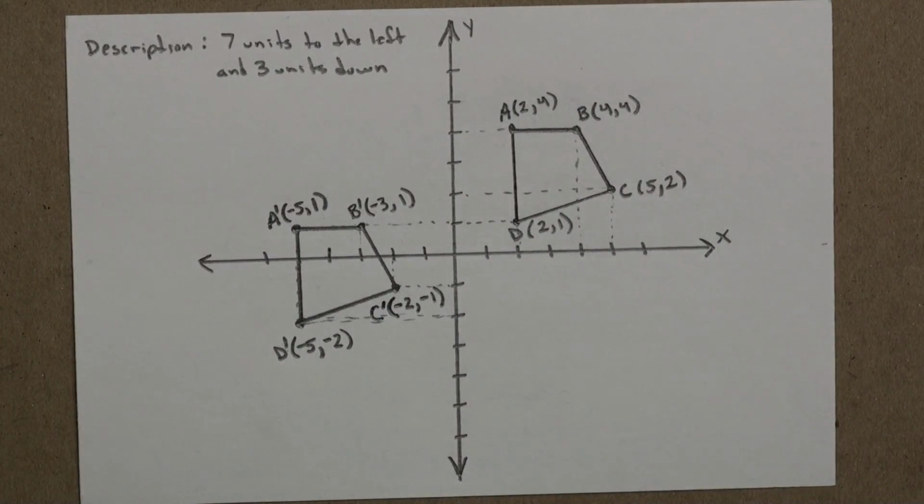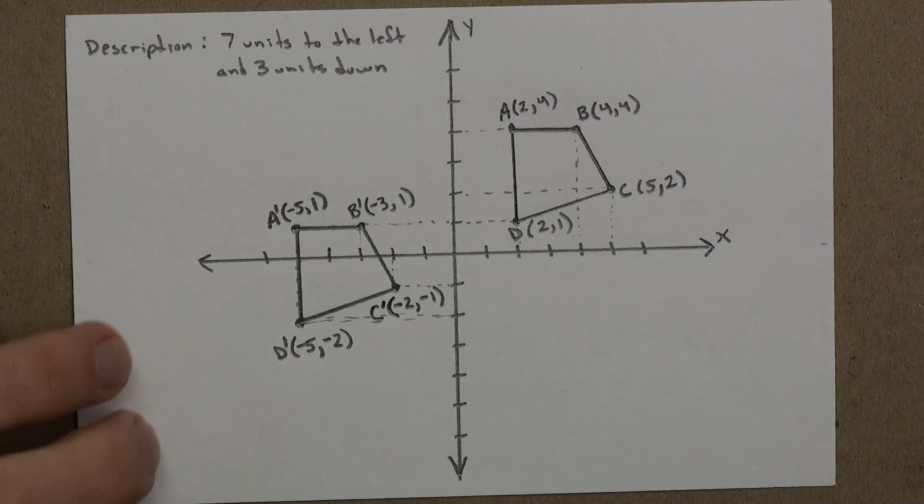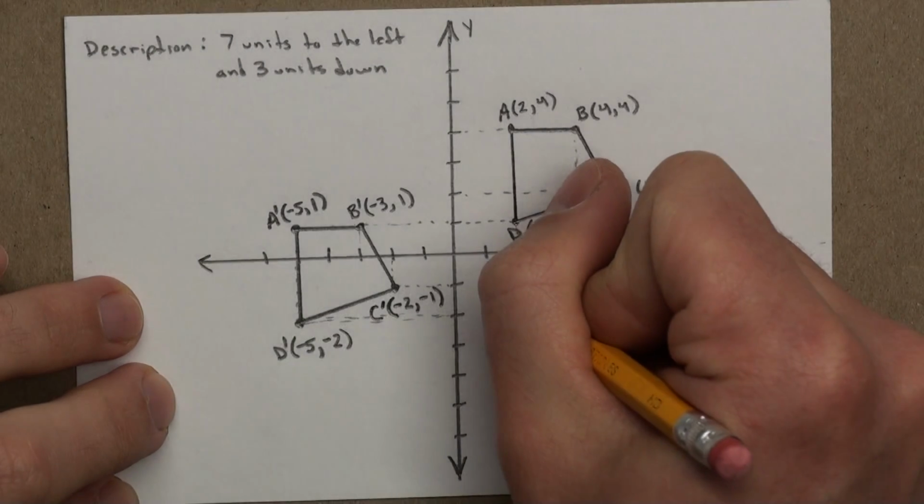That's one way to write it, okay? Another thing we can do is what's called mapping. And this is the way that I'm going to actually show it to you.